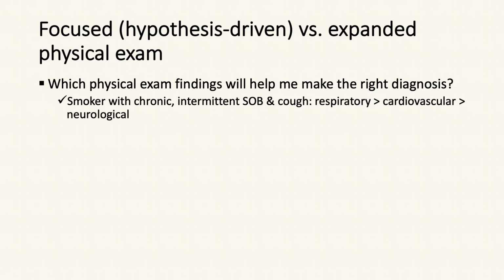Okay, so keep in mind that to be able to do a good hypothesis-driven physical exam, you have to know the difference between, for example, precordial examination versus cardiovascular examination, right?